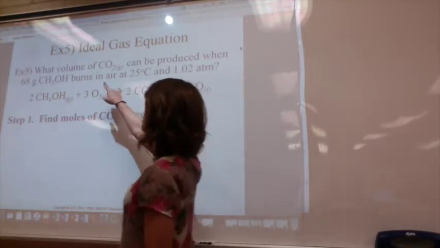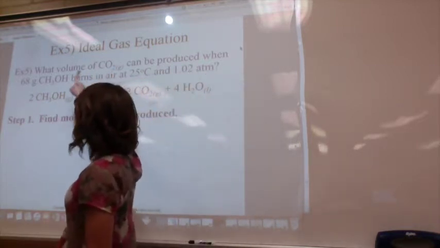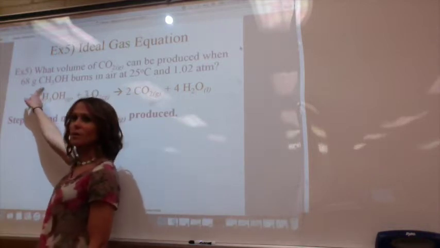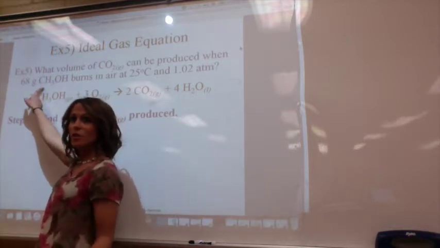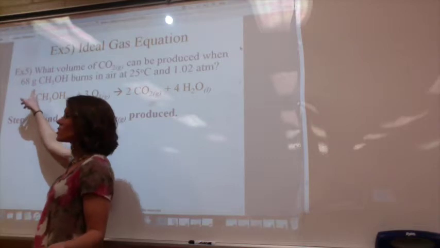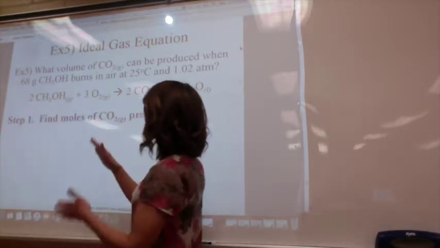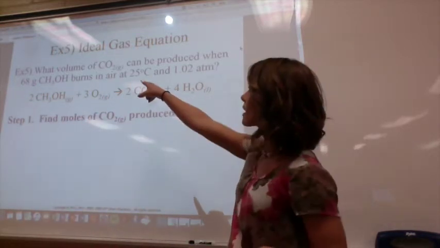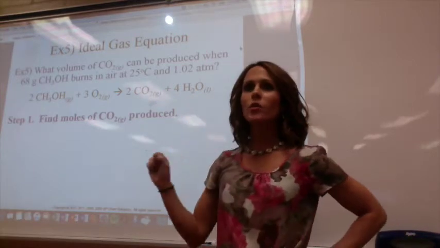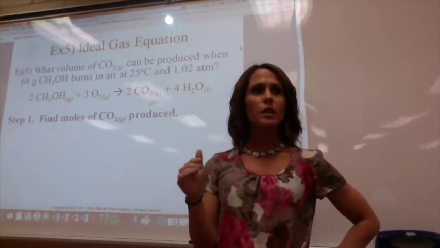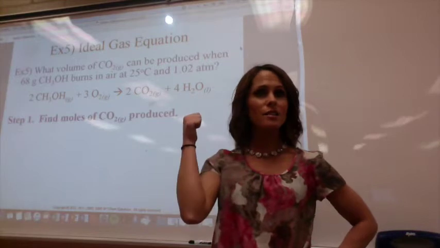So I'm asking you for substance B's volume, but I'm giving you substance A's grams, right? So same scenario, you're just going to use dimensional analysis, except when we want to get to volume, you can only use 22.4 liters when it's at STP conditions. Is this STP conditions?